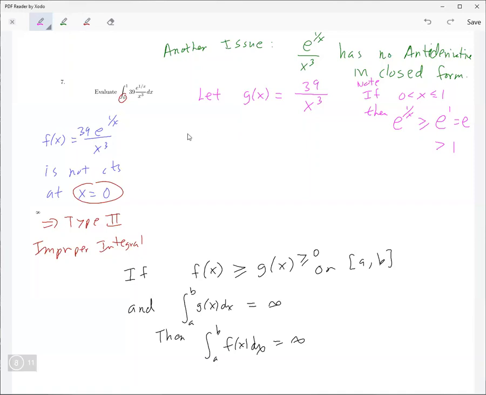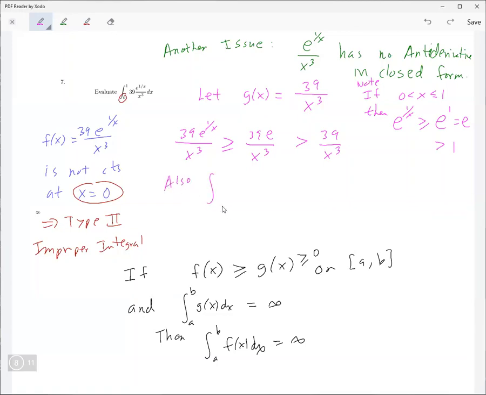So that means that 39 e to the 1 over x is greater than or equal to 39e over x cubed, which is going to be greater than 39 over x cubed. Okay, so this g satisfies all this right here.